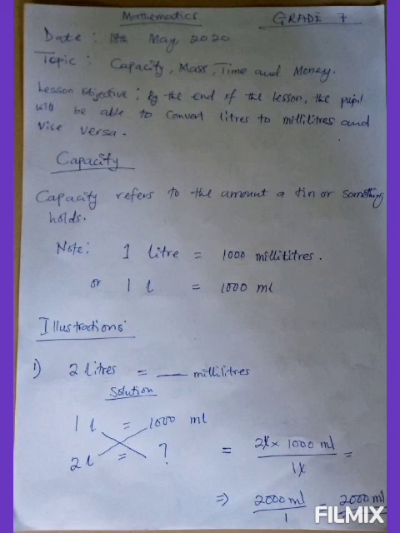Now, capacity deals with the amount something holds. And therefore, when we are measuring it, the units we use are liters and milliliters. Liters is used to measure capacity in large quantities, whereas milliliters is used to measure volumes or capacity in small quantities.